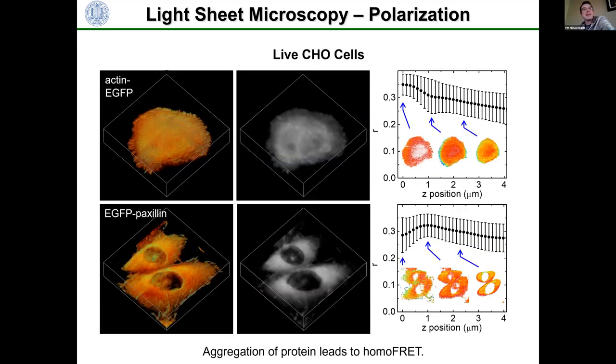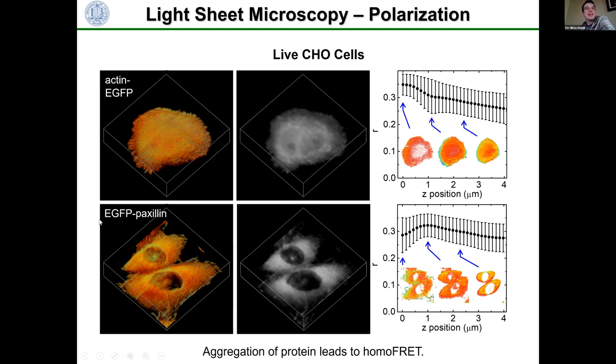Yeah, you can apply this principle to cells. Here are some CHO cells on top expressing actin EGFP, and on bottom EGFP paxillin. And what you see here actually is that in general, the polarization is already pretty high, 0.3 and even higher.